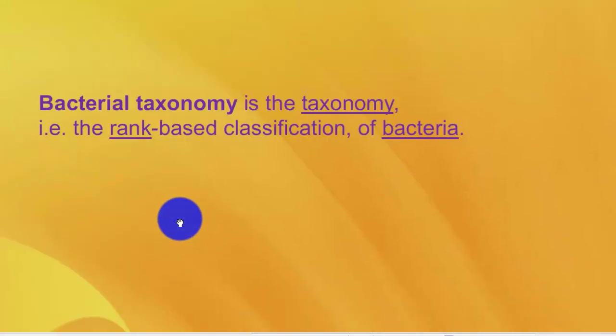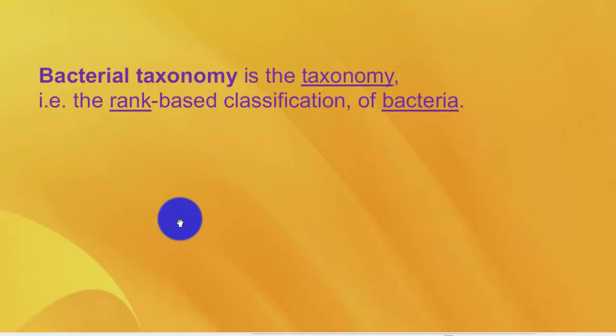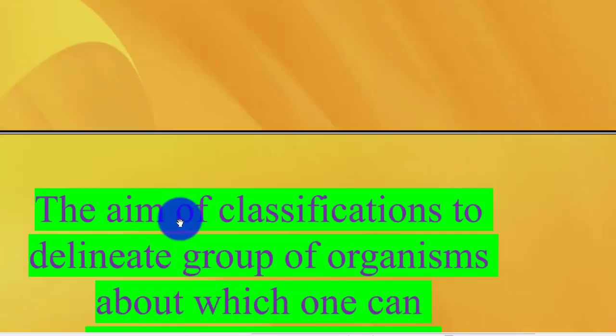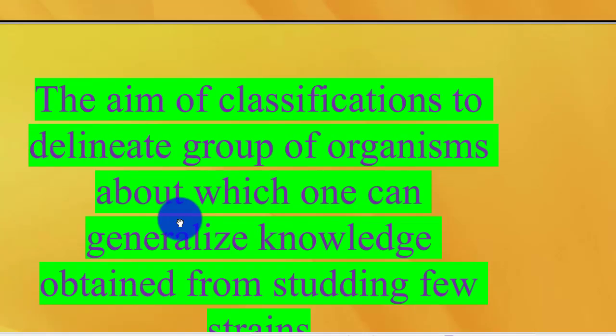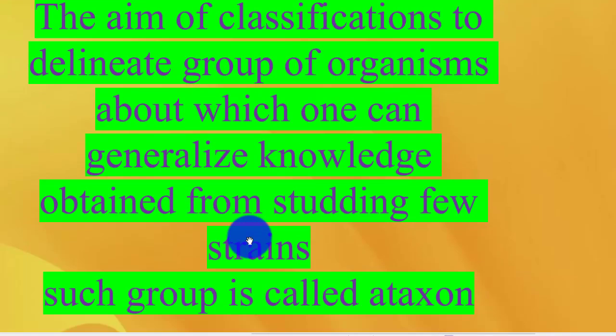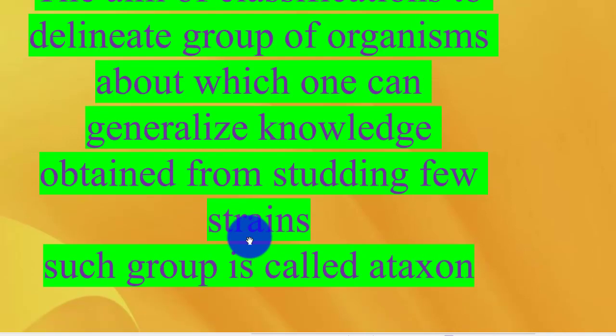Bacterial taxonomy is the rank-based classification of bacteria. The aim of classification is to delineate groups of organisms about which one can generalize knowledge obtained from studying a few strains. Such a group is called a taxon.